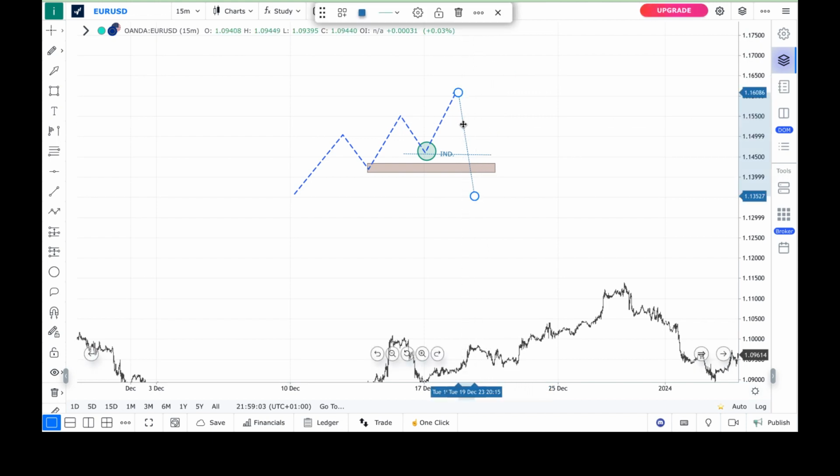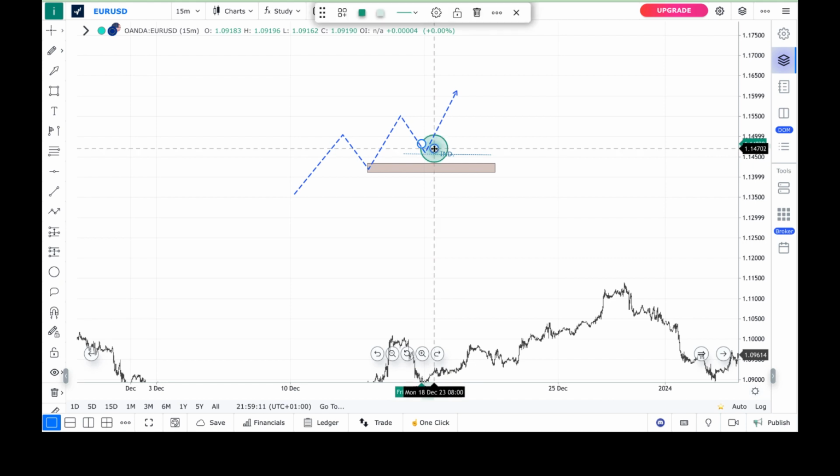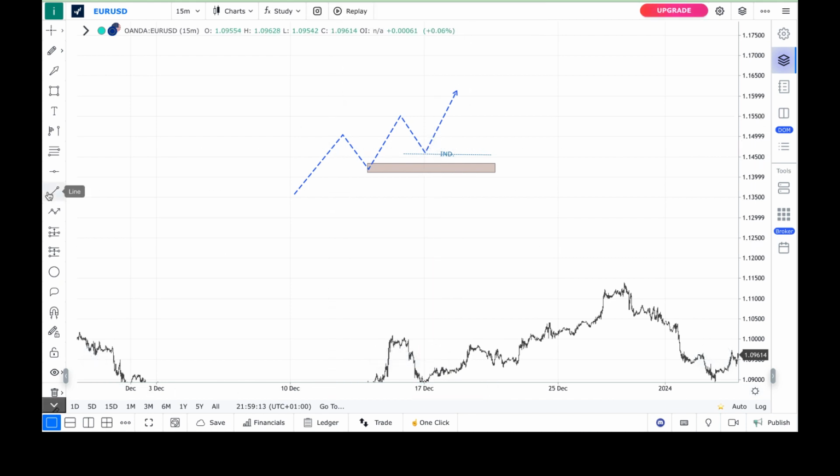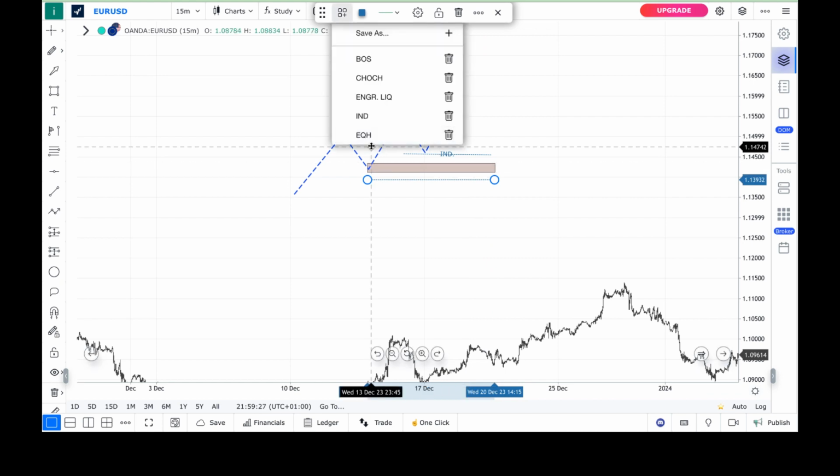So after we discovered the inducements and the order block, the institutional traders also found a way and introduced a liquidity under our order block. They call that liquidity the engineered liquidity.